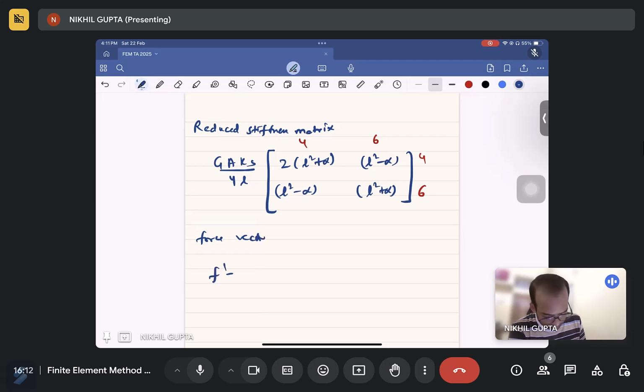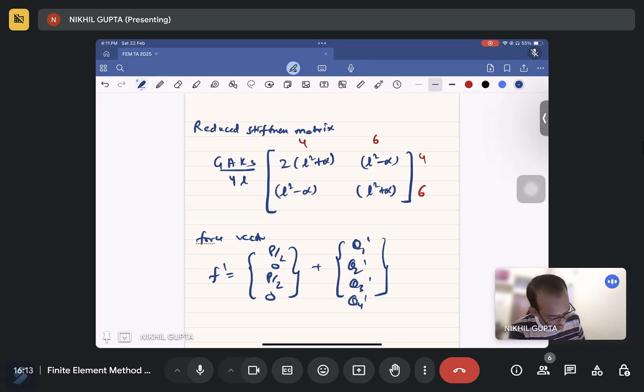So F1 will be P by 2, 0, P by 2, 0, plus Q1 1, Q2 1, Q3 1, and Q4 1. This is for element 1.